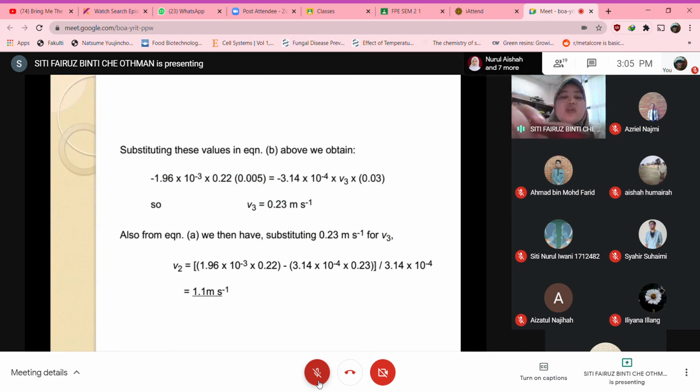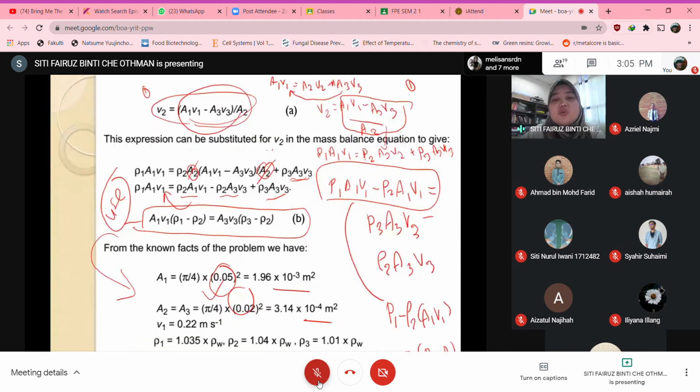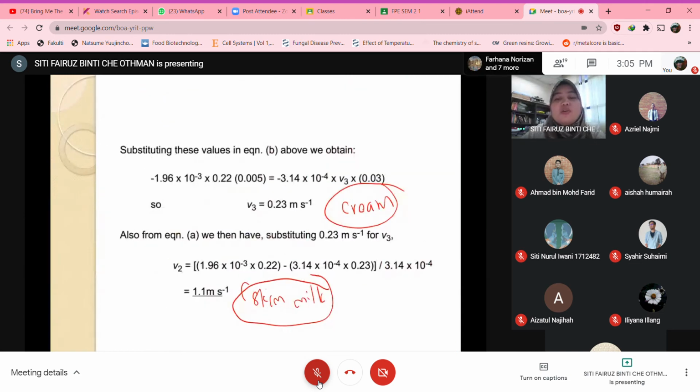You will be able to calculate the velocity for V3, the cream, and also for the skim milk. From this equation you will be able to solve for the velocity of each material.